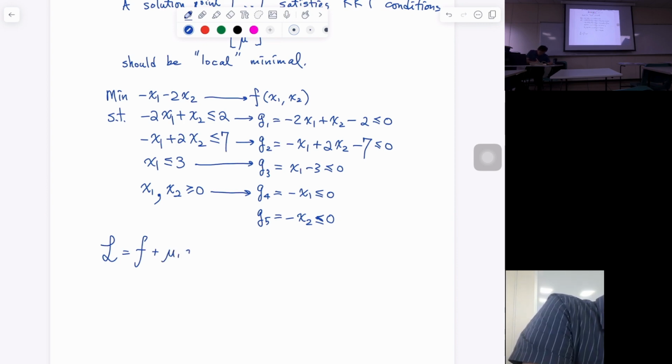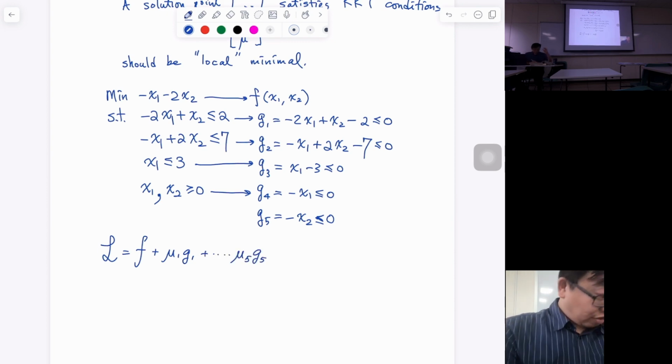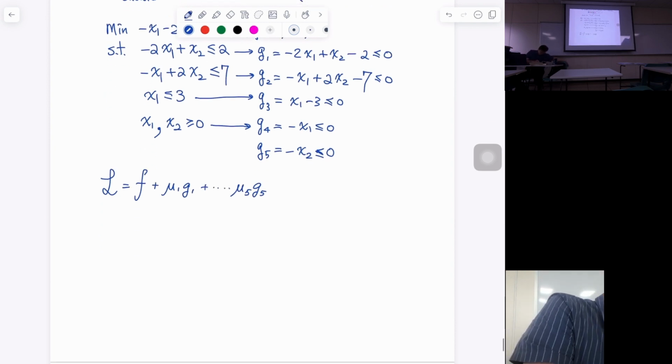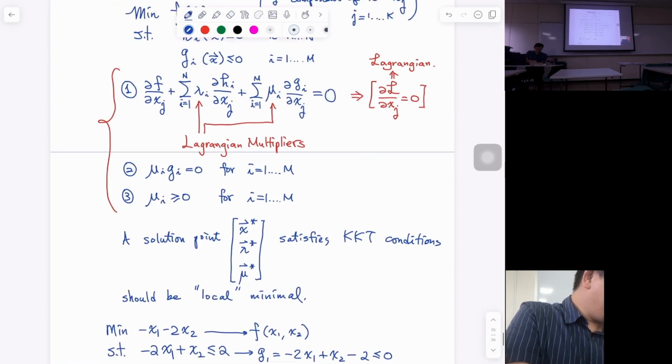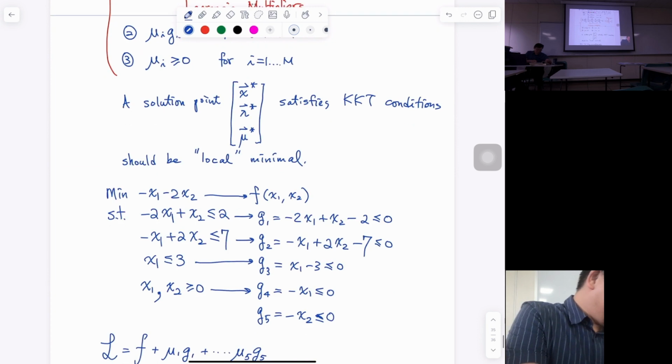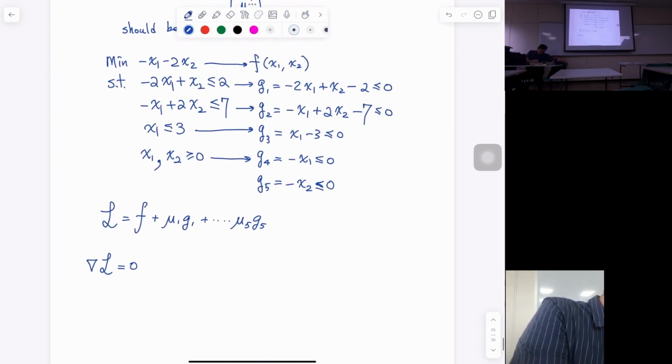So mu1 g1 plus ... mu5 g5. Okay? So I have to do the gradient of this. So it's like the gradient of the Lagrangian has to be 0. That's my first equation.